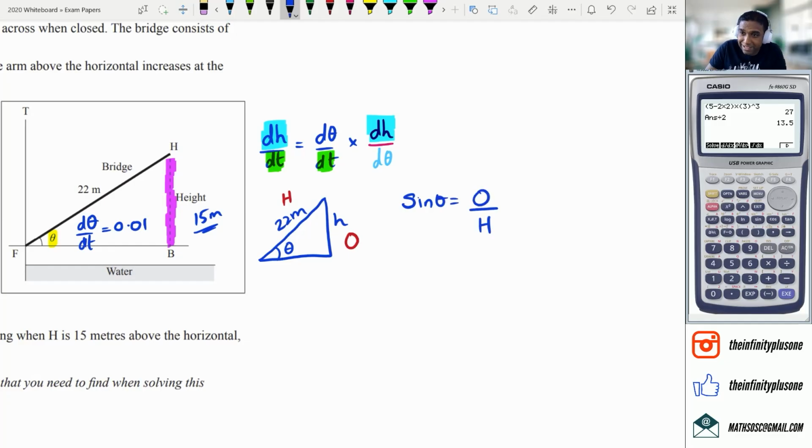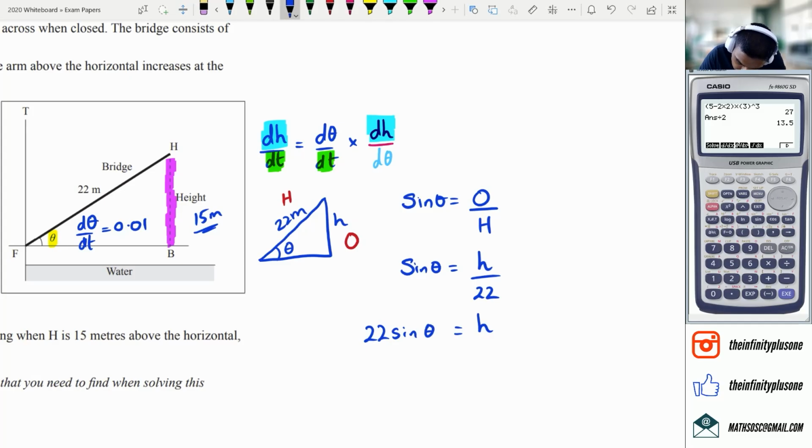Again, it's so annoying that they use little h and you've got hypotenuse as h, but just bear with me on this one. So we can write sine theta, opposite ends up being little h, and the hypotenuse is 22. So h is equal to 22 sine theta.